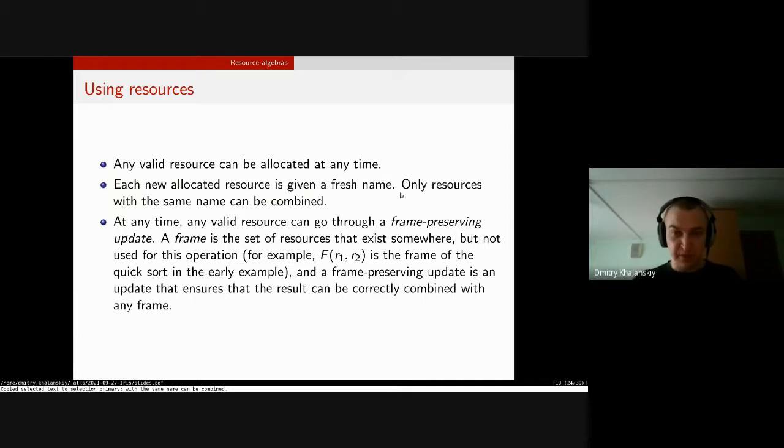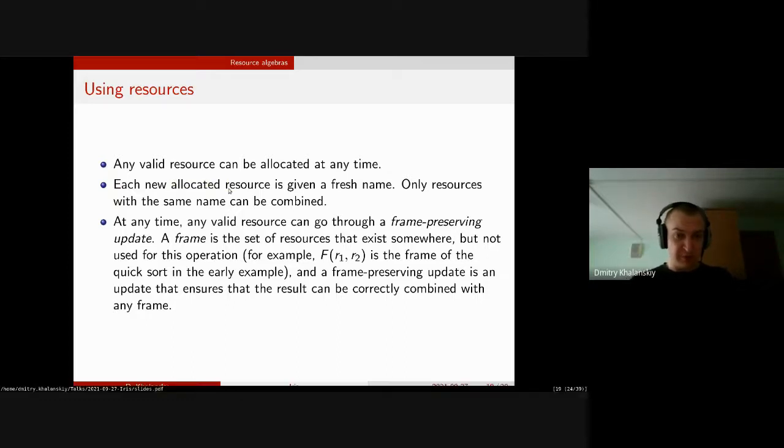So if you do allocate a resource at one point in the program, then you cannot reallocate and use the same resource. You can't really modify this resource via the allocation procedure.